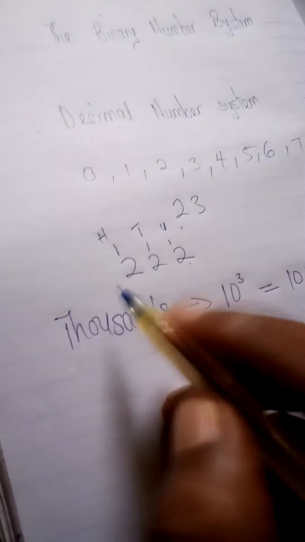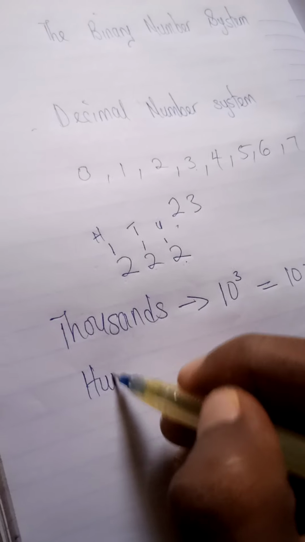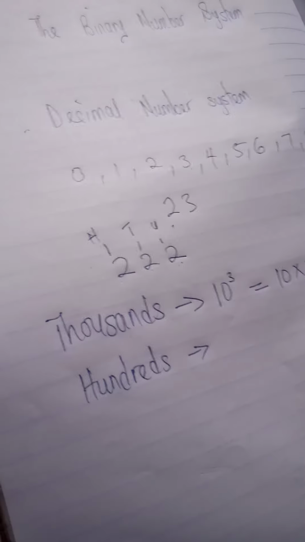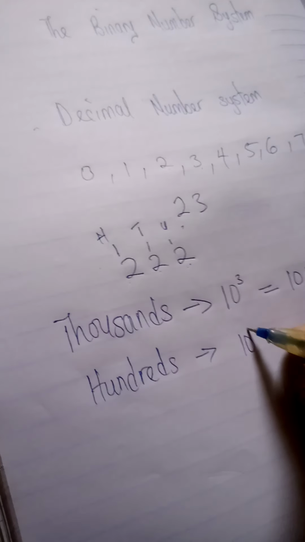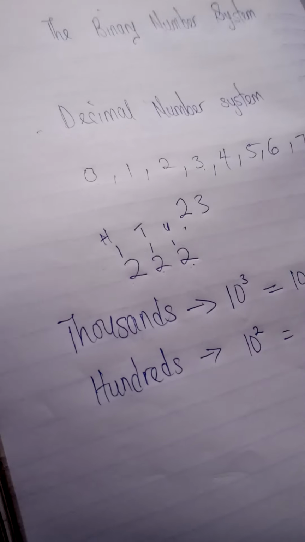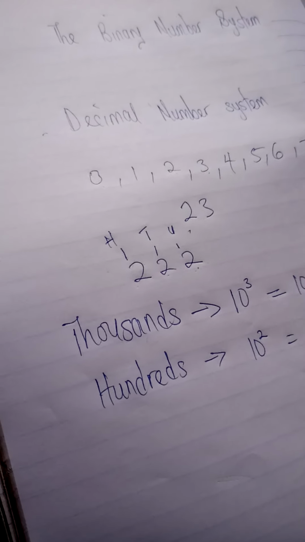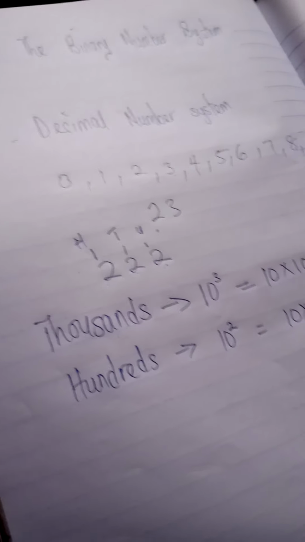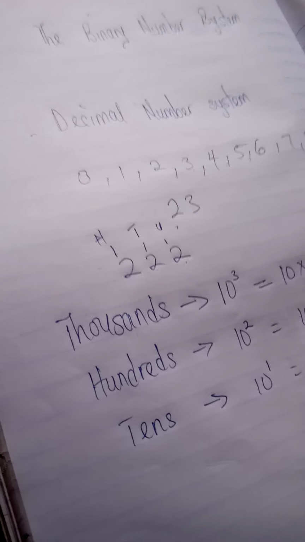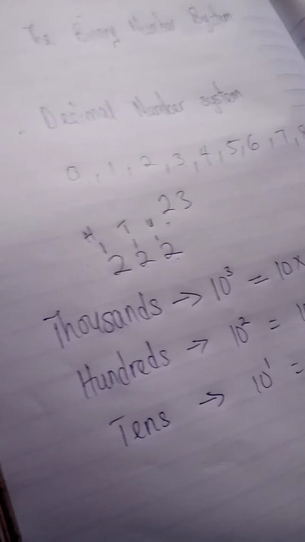Secondly, we have hundreds, which is what? 10 raised to power 2, which gives us what? 10 times 10, which gives us what? 100. The third one, we have tens, which is 10 raised to power 1, which is the same thing as 10.